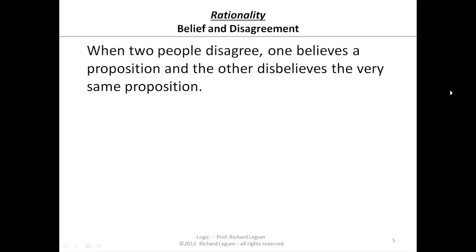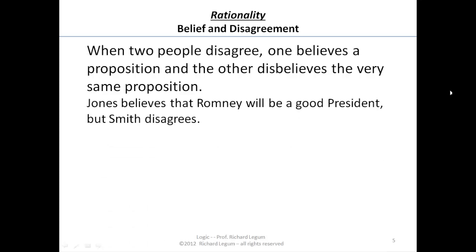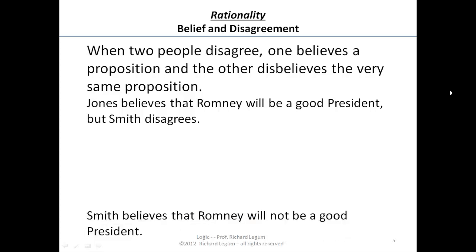Now that leads us to a point about belief and disagreement. When two people disagree, what's going on is the following: one believes a proposition, and the other one disbelieves the very same proposition. So Jones believes that Romney will be a good president, but Smith disagrees.